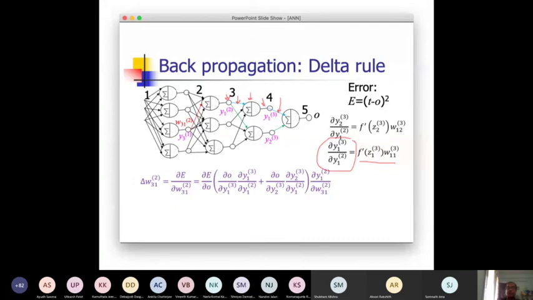Similarly, for delta y23, so this is y23, and once again, this is y12, the same variable. So along this path, you are doing f dash z13 and w113. If I multiply this, then you get its contribution along this, and both these things should be summed up.